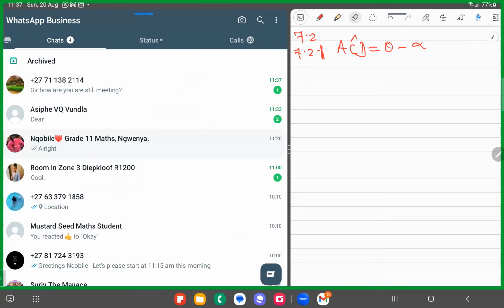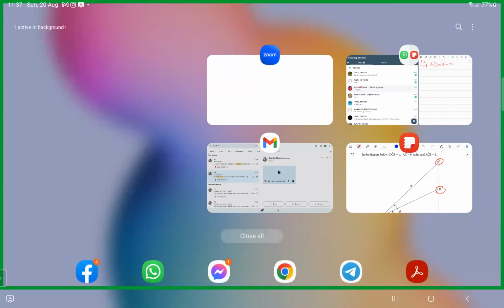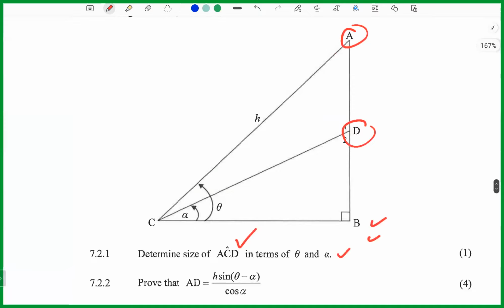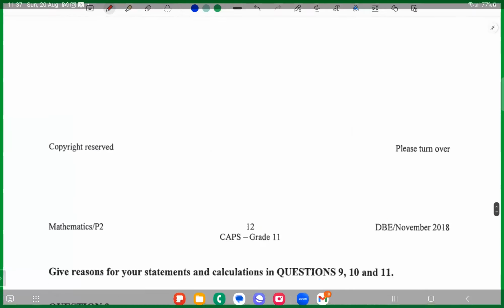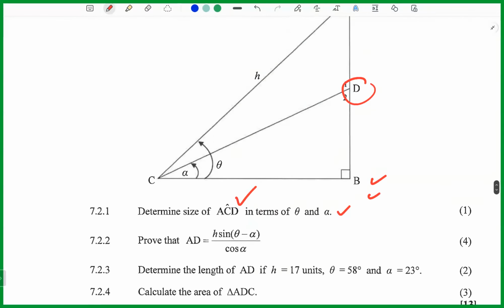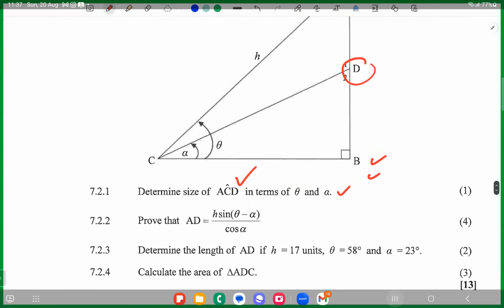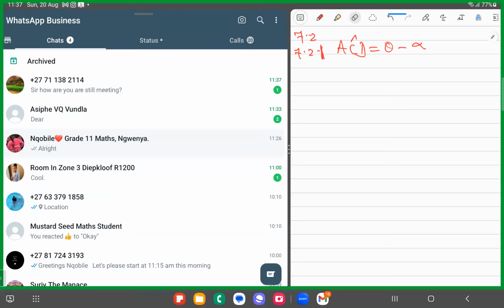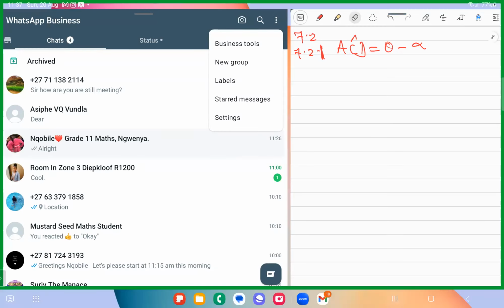Just 1 second. I just got my screen messed up because somebody decided to send a communication. So I will just sort that out. Let's see what I can do here. Need to remove this.